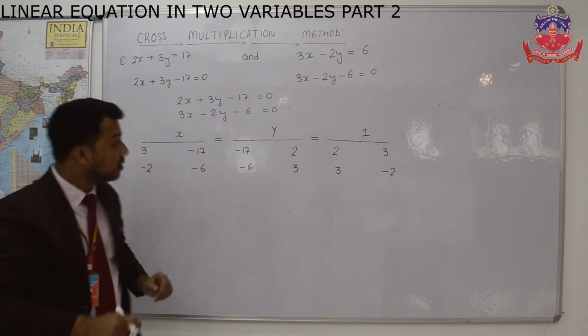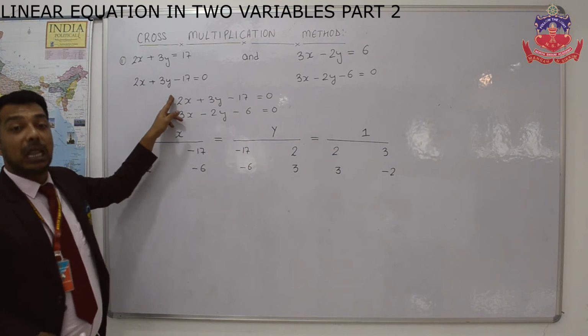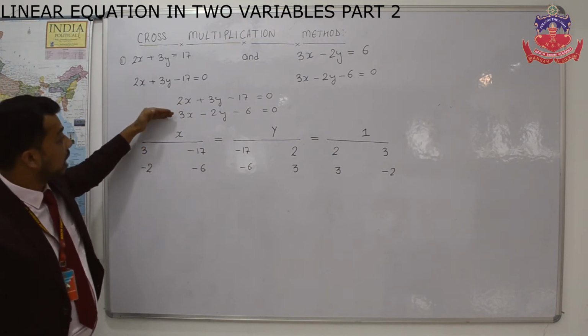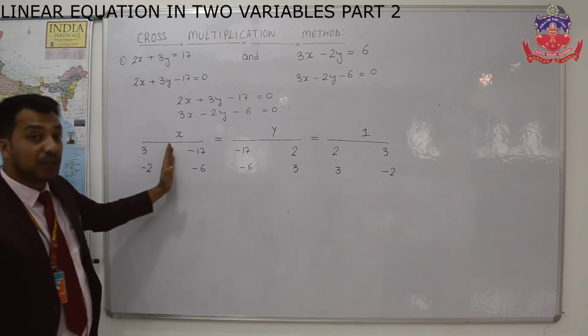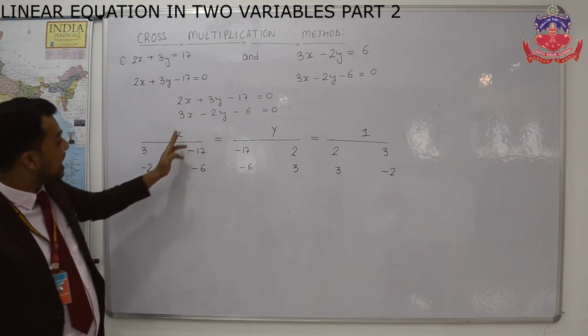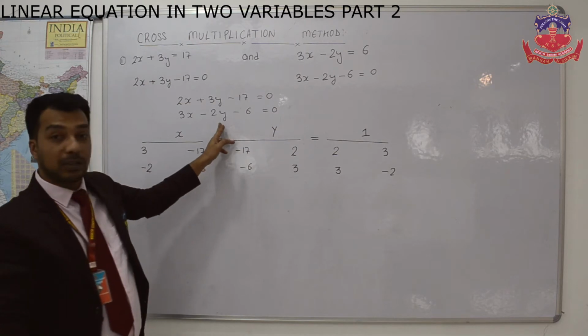So what we have done till now is, we have the two equations. We brought everything to the left hand side. We wrote the first equation firstly, and then the second equation just below the first one. After that, we wrote the first variable. When we came from the left hand side, the first variable we met is x. So after x, we wrote the y, because the second variable is y.